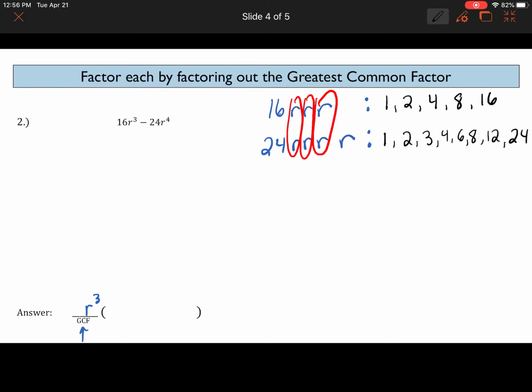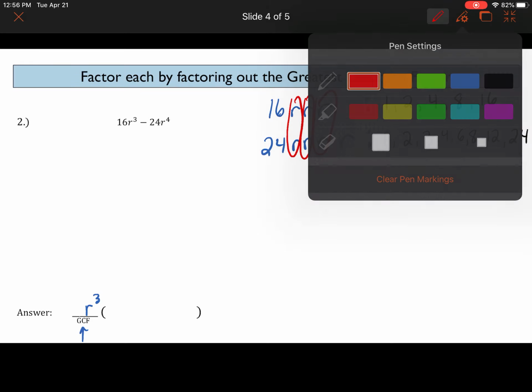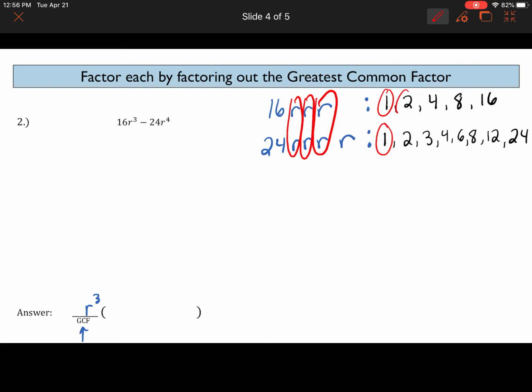And that's it. So my common factors, I have 1s, 2s, 4s, 8s, and that's it. So my greatest number there is 8. So 8 is part of my GCF. My GCF is 8r to the third.